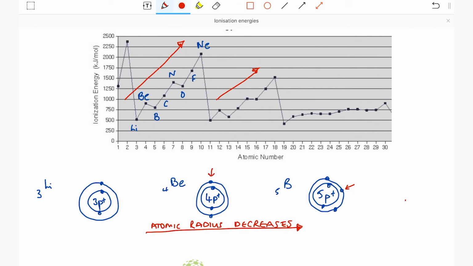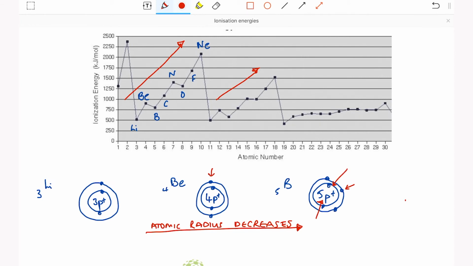At the same time, the number of protons is increasing. So our nuclear charge is increasing. The amount of shielding remains the same in each case. We've just got our 1s orbital in each of our atoms in the second period that has got 2 electrons in, so the amount of shielding remains the same.